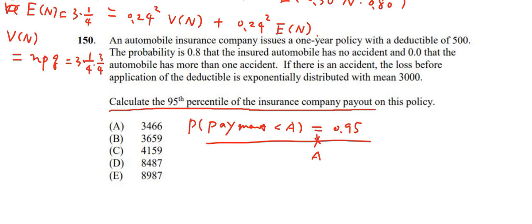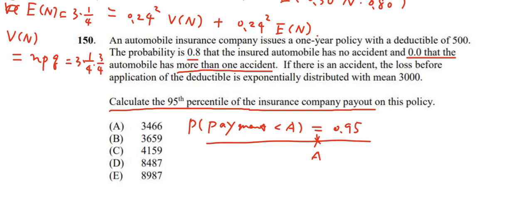Okay, so let's check payment. So sometimes no car accident, 80% no car accident. So let's say the probability of no car accident is 0.8, and more than one car accident is 0.0.